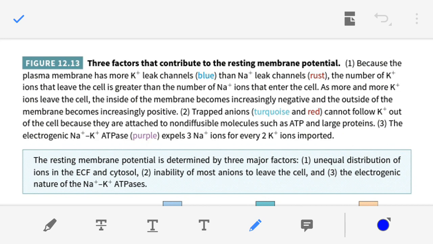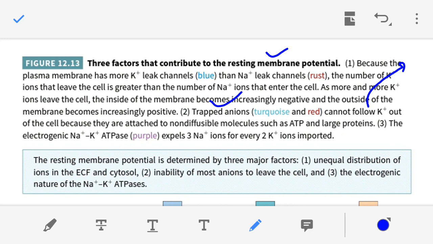Now, the second factor which is maintaining this resting membrane potential is the trapped anions. Trapped anions are the negatively charged ions. We know that the K+ ions are going out, but the anions, the negatively charged ions, remain inside in the cytosol.